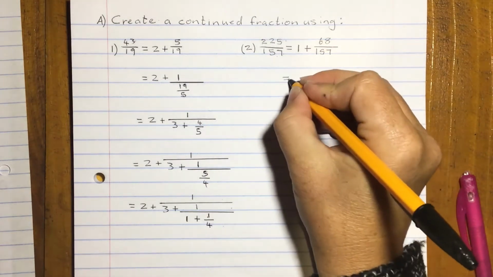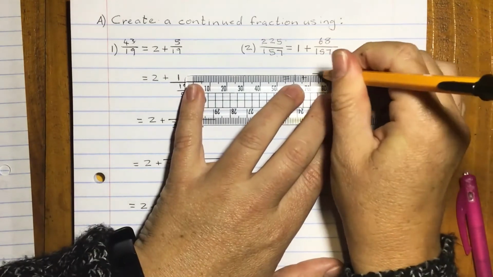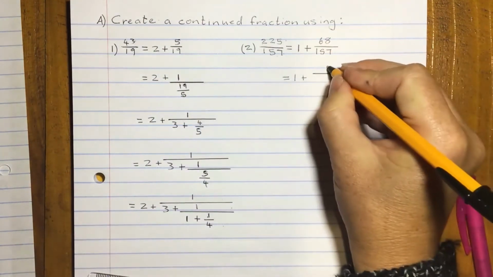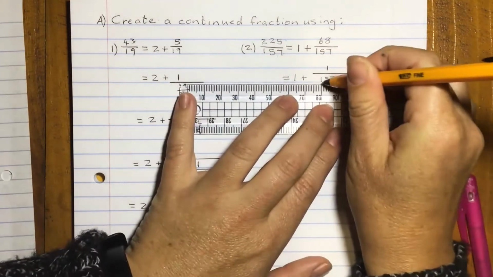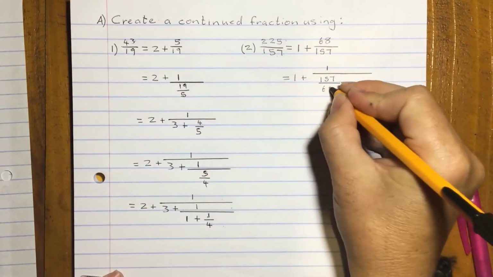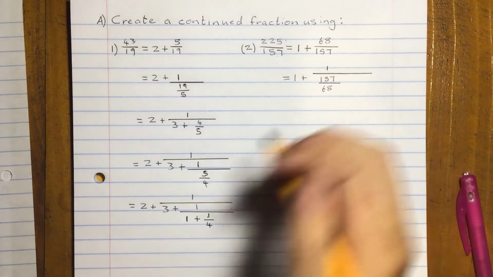You are correct. We're going to keep the 1, and we're going to put 1 over our fraction so that we can tip it over and have 157 instead, divided by 68, in which case we can divide into 157 and get a mixed number.